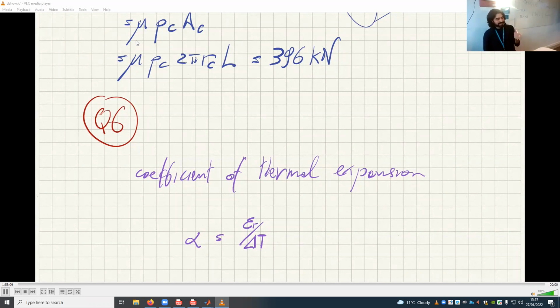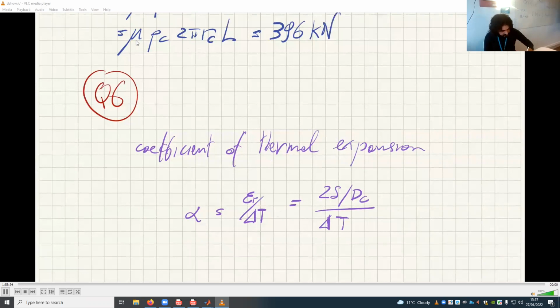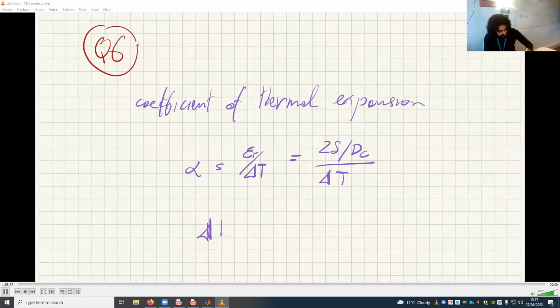So alpha is epsilon r over delta T. And remember, what is epsilon r? Epsilon r, you can define it also as the diametral interference over the contact diameter. And so this means that delta T is just diametral interference over alpha times DC.